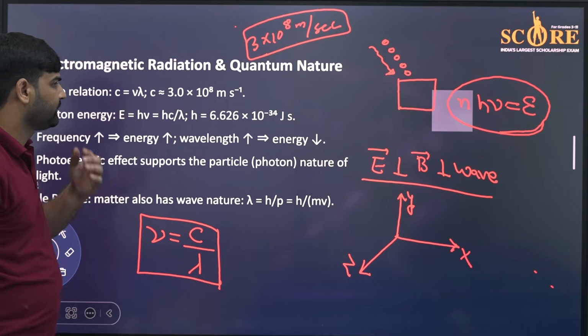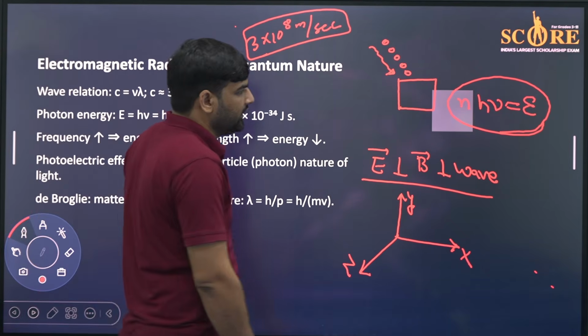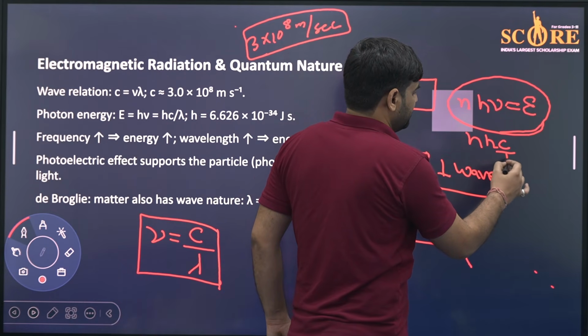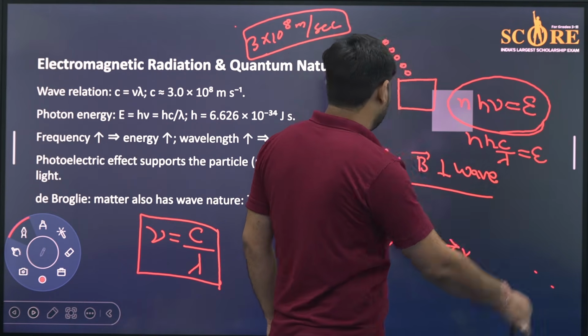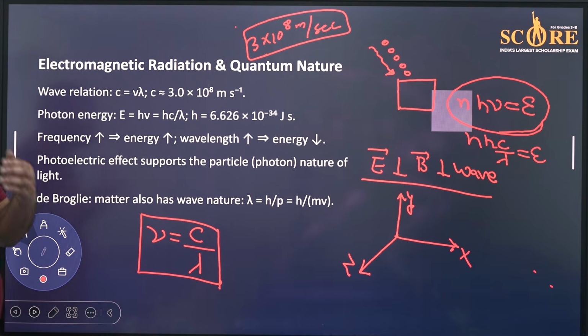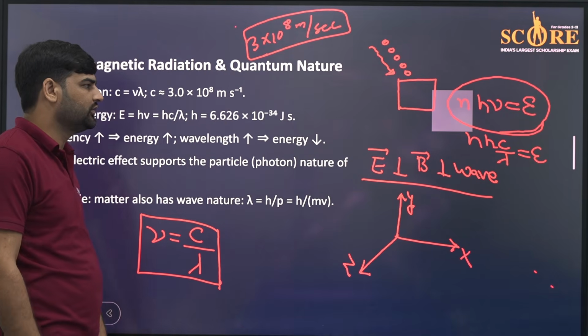If we put the value of nu, then you will find n h c by lambda. This will be energy. Here h is Planck constant, and value for this is 6.62 multiplied 10 raised to power minus 34 joule second.